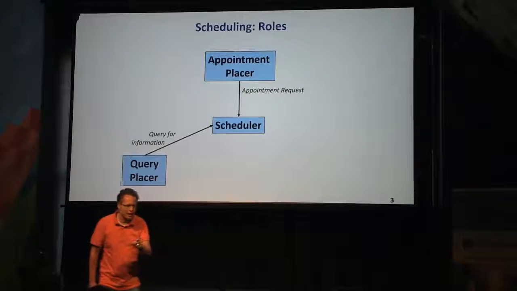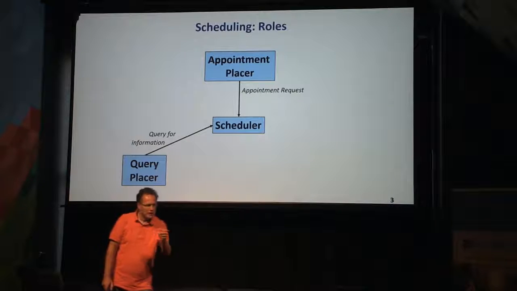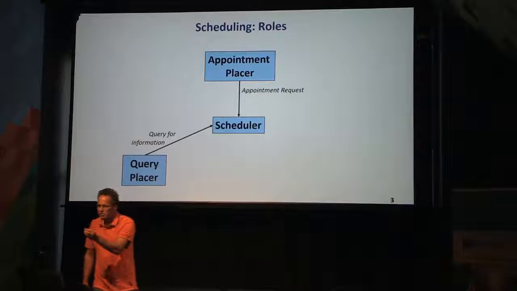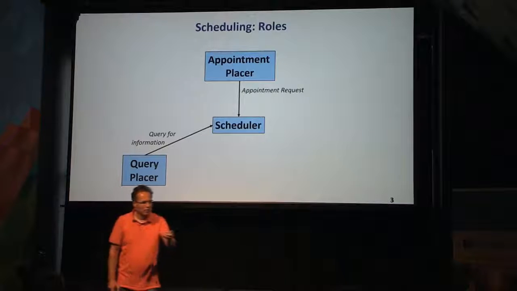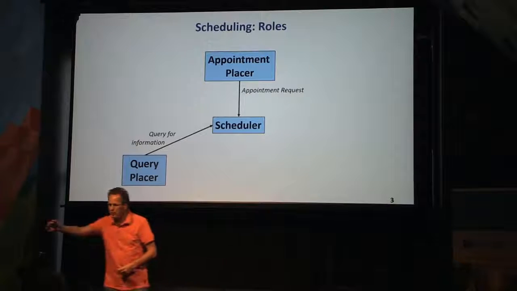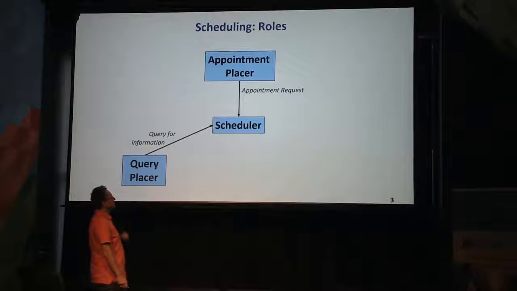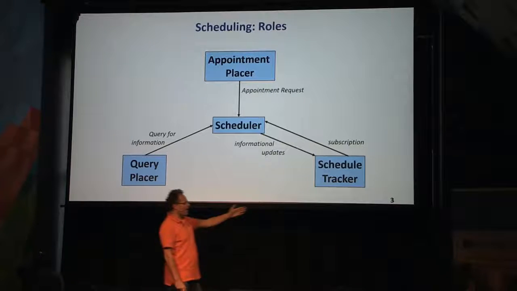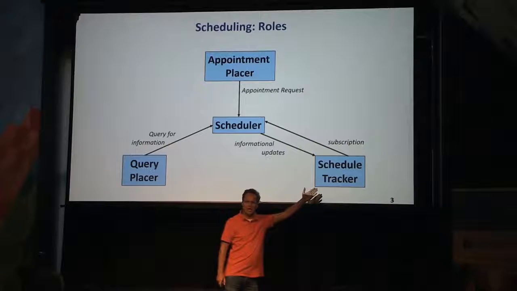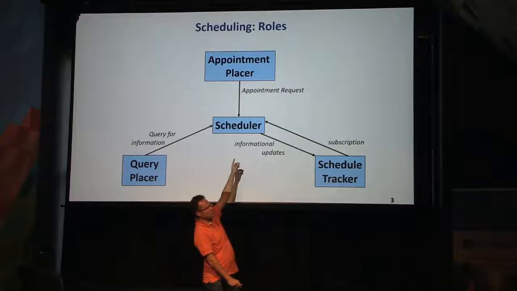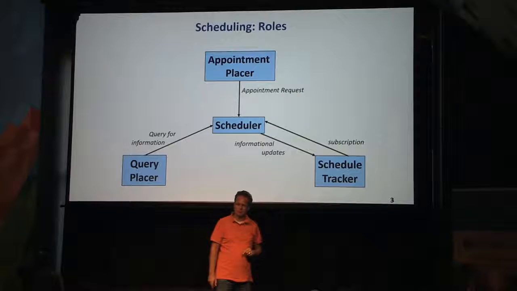Next week, Tuesday, between 9 and 12, what do you still have in terms of availability for a piece of equipment of this type and that healthcare practitioner? Typical query in the scheduling domain. Or I may have a tracking application that's passively listening for updates as sent by the centralized scheduler.